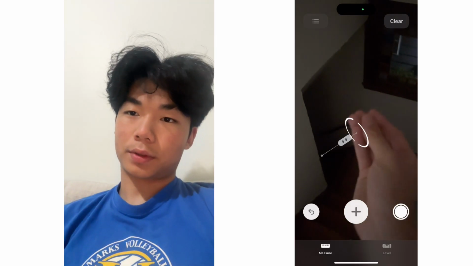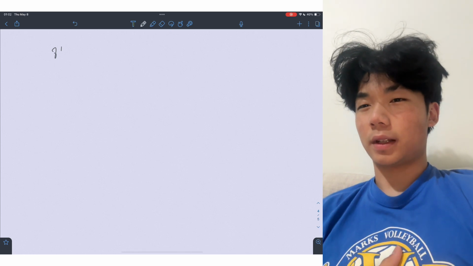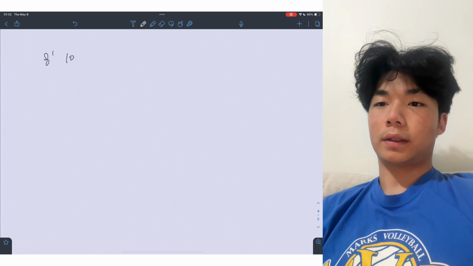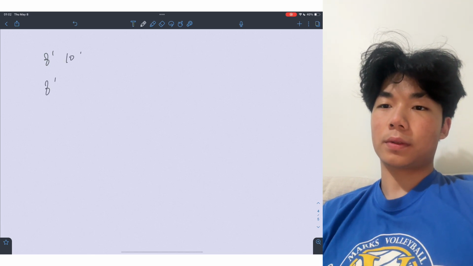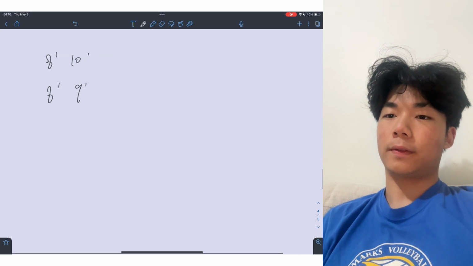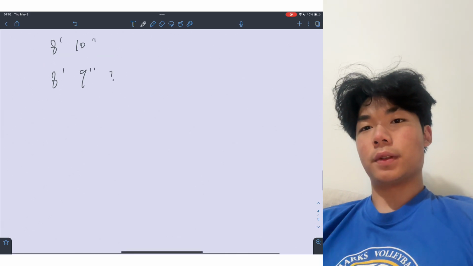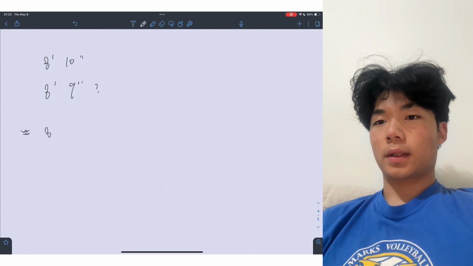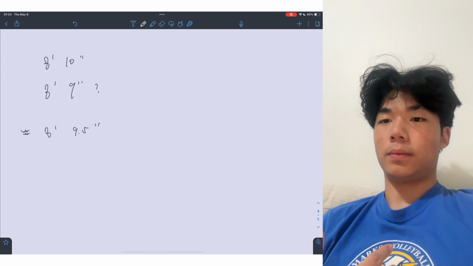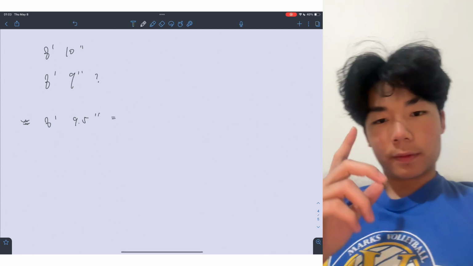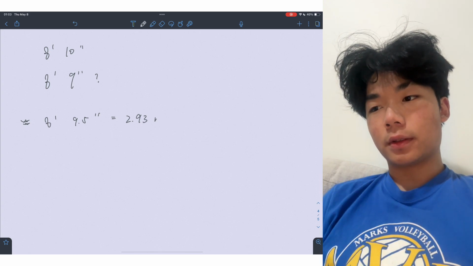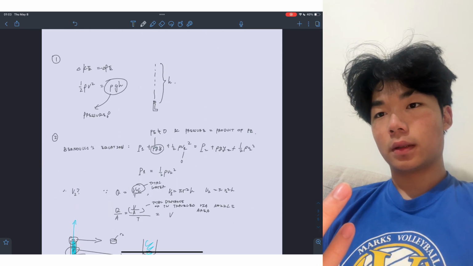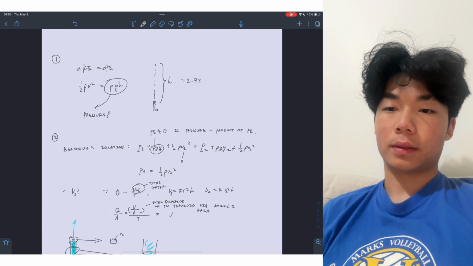So if you convert, I found the middle of these two values, which is 8 foot 9.5 inches. Now, if you convert this into meters, since all of our equations are based in meters, it gives you 2.93 meters. However, fun fact, when we calculate the pressure, the unit is Pa, and usually we represent it in kPa.